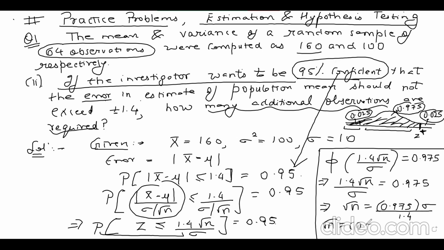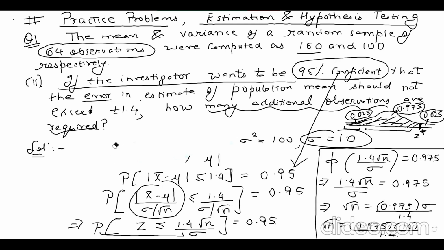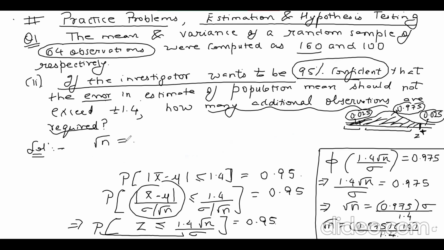Now what is sigma? Sigma is 10. So if I solve this further, I can write that root n is equal to, using our calculator, 0.975 multiplied by 10 divided by 1.4. It comes out as 6.96 approximately.